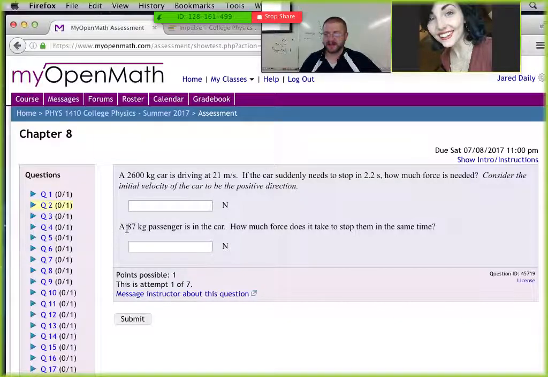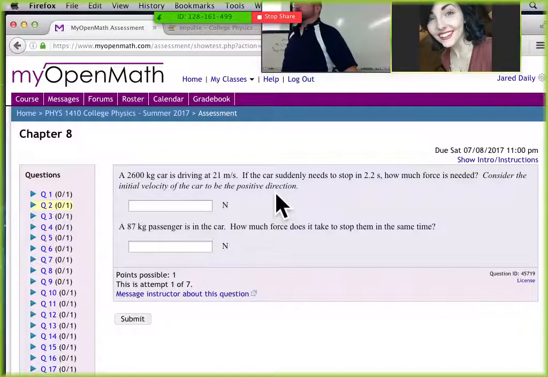What's your initial momentum? 2,600 times 21 meters per second, right? We're considering the initial velocity to be the positive direction. So there's a sign involved here as well. If you're going one direction and that's the positive direction, what direction is the force that's going to stop you? Backward. Did you consider that? So it's going to be a negative force. So the force will end up being negative in this case.